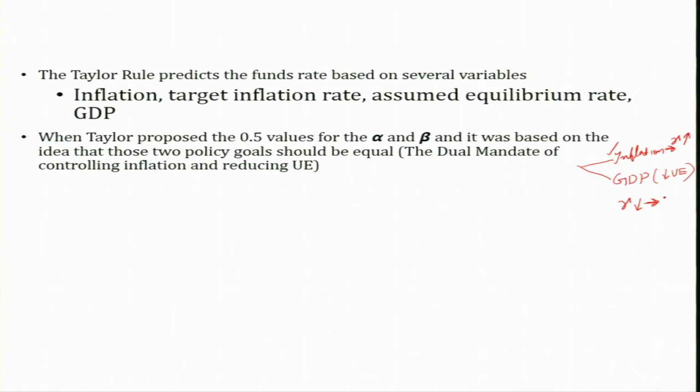Then as a result the investment by firms will increase, as well as the consumption expenditure by households and consumers. Both will increase, and as a result economic activity will be rejuvenated and there will be an increase in GDP.